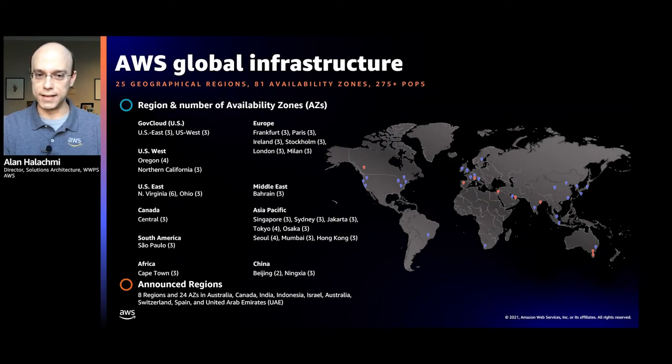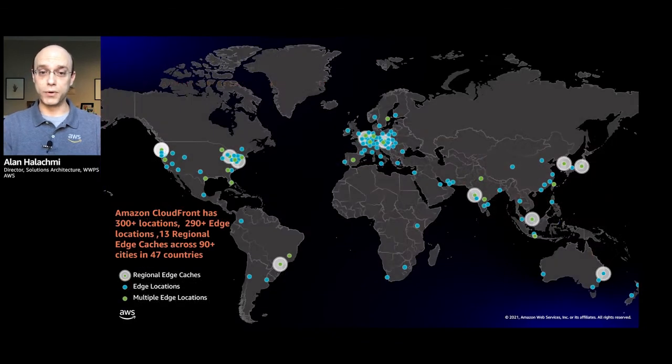Each region is designed to be isolated from other AWS regions, achieving the greatest possible fault tolerance and stability. In addition, our global network includes hundreds of edge locations for latency-sensitive applications using Amazon CloudFront for content distribution, Amazon Route 53 for domain name service, and AWS Global Accelerator for network path optimization.